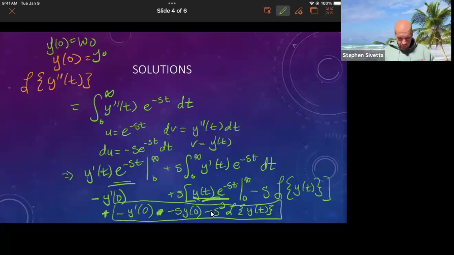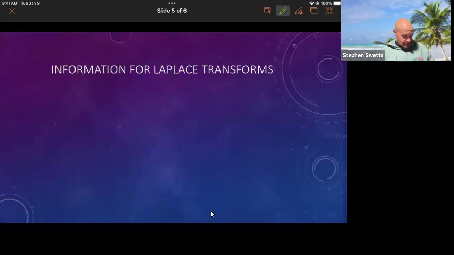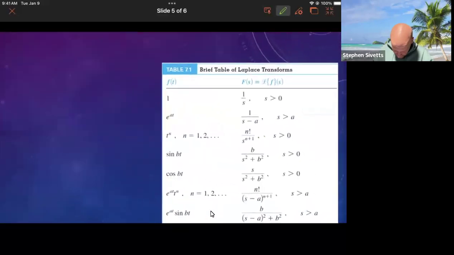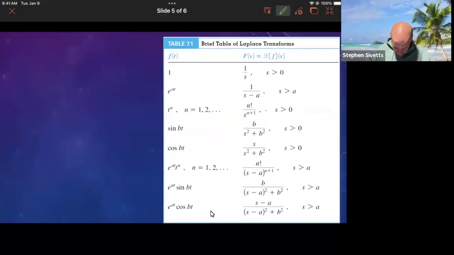And so here's the overview of Laplace transform. Here's some important information that you need to know. This right here is just the table of various Laplace transforms of functions. So we have the Laplace transform of a constant, which could be one or any other number, so C, this is C over s.